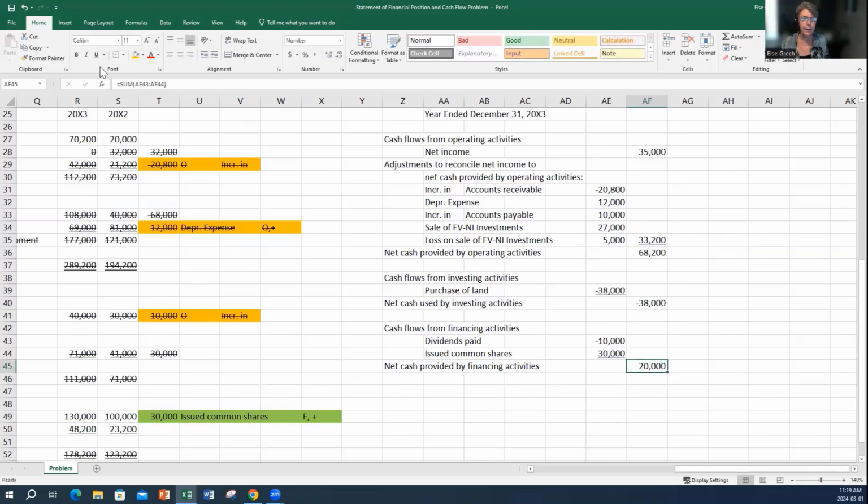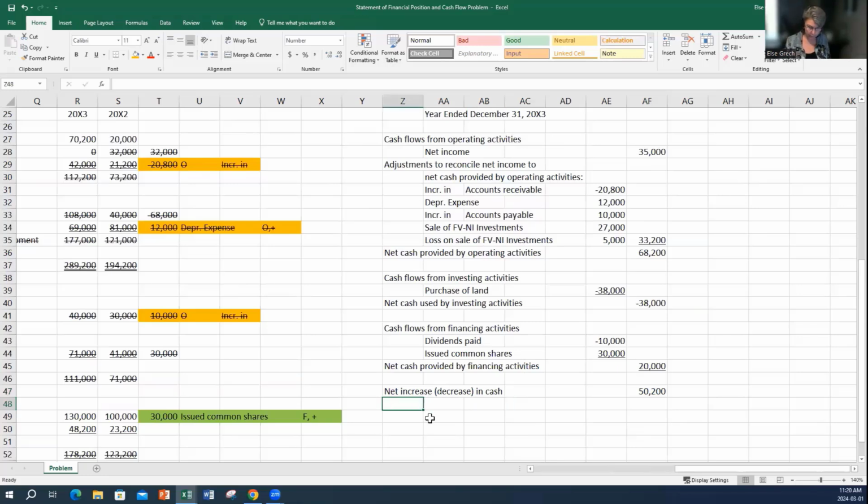Okay, so now a line under here, because I'm going to do the net increase, decrease in cash, which is, of course, all three of these amounts added together. This is going to be an increase of $50,200.